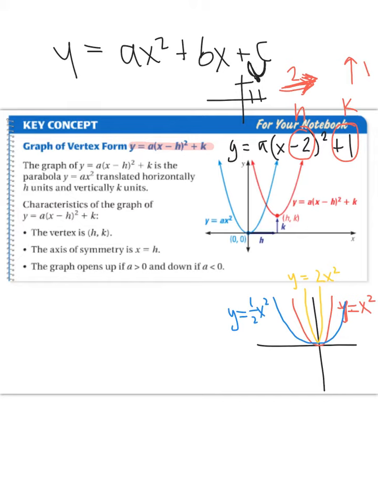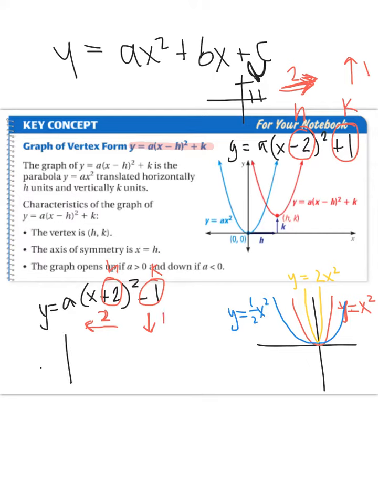So looking at another example, if I had y equals a times x plus 2 squared minus 1, then I would have negative 2 as my h, negative 1 is my k. So this tells me I need to do the opposite of positive 2, which is go left 2, and negative 1 means I need to go down 1.